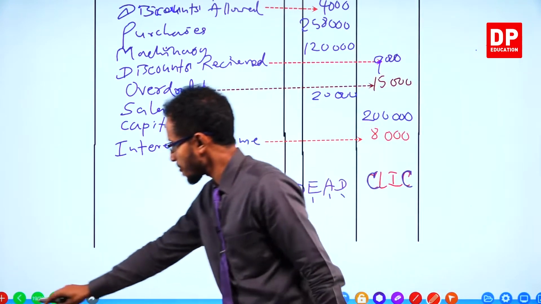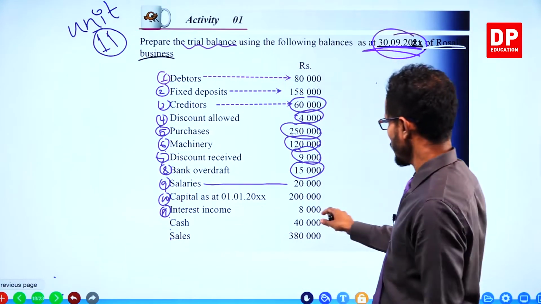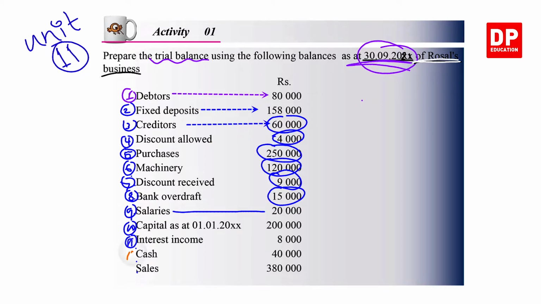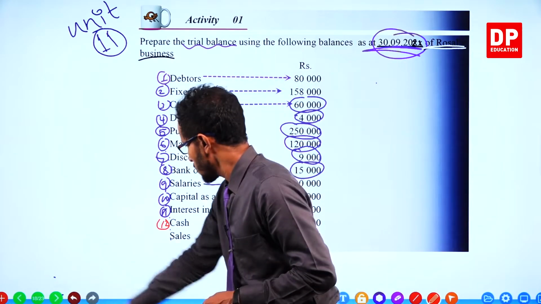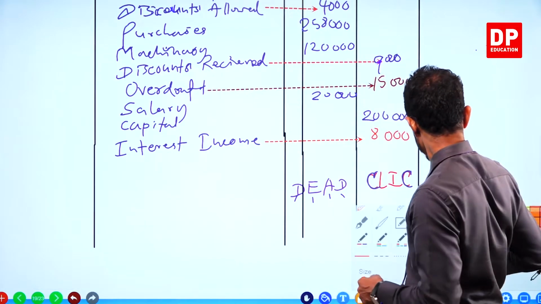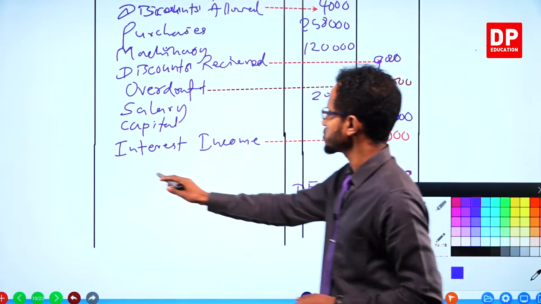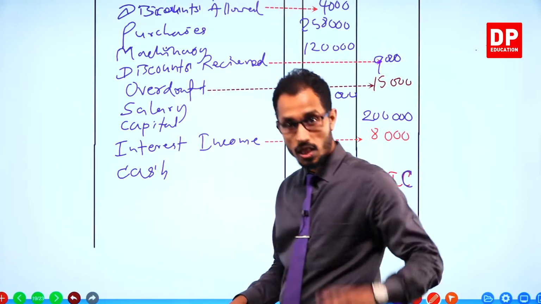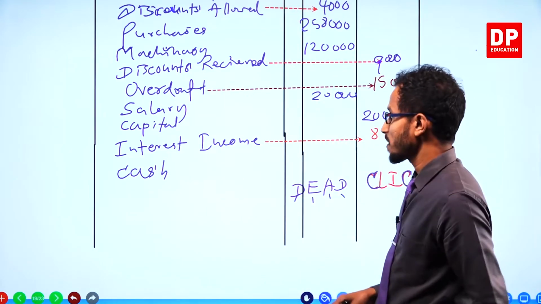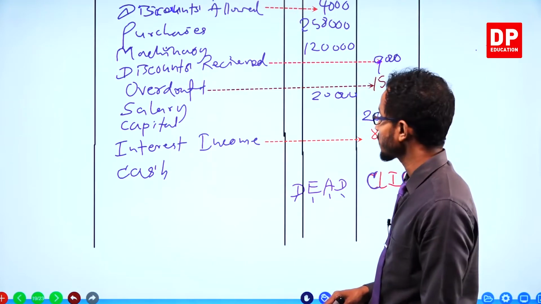All right. Are we done? No, we have 2 more. 12. We have cash, 40,000. Let's write the account name cash, and then we will try to figure out which column the cash balance should be.